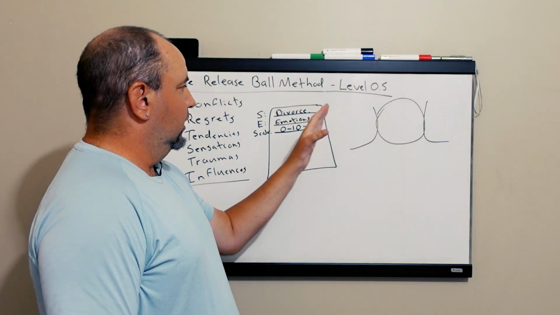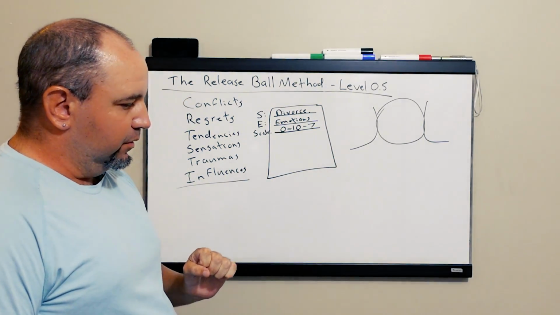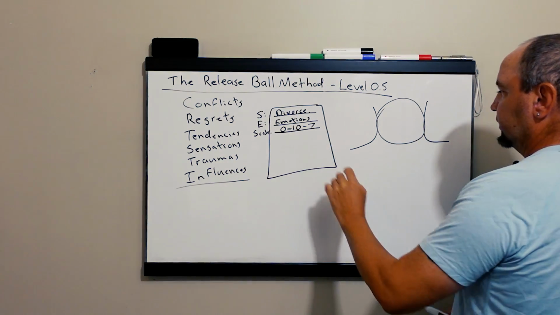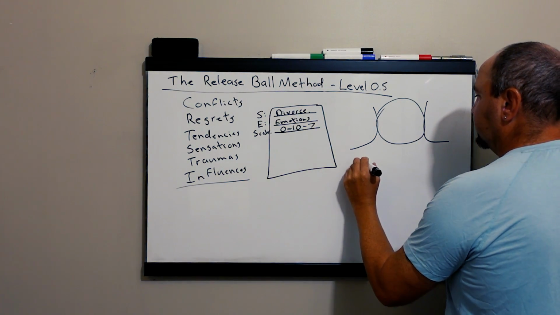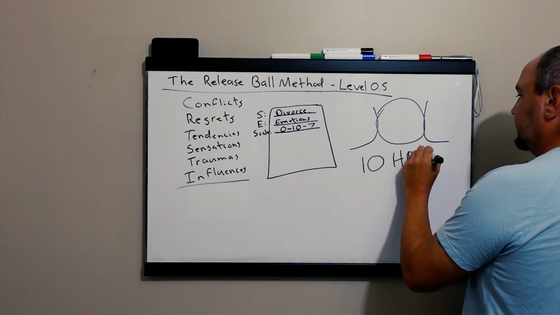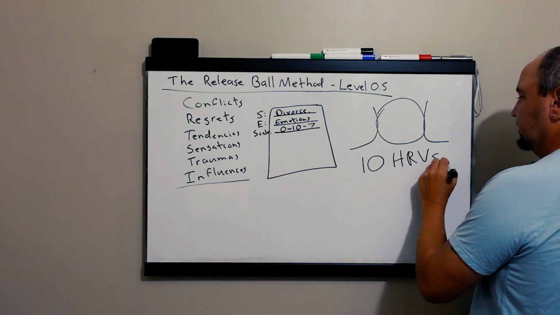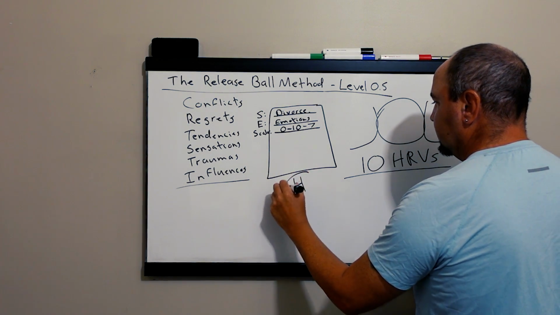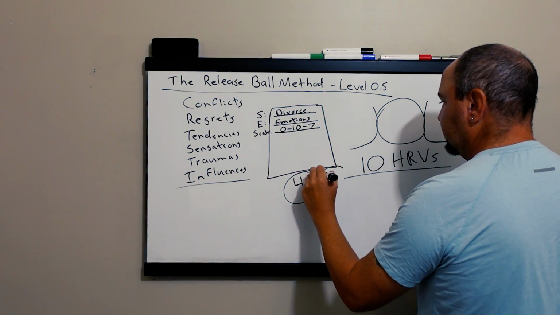So the very first thing that we want to do before we get into tackling the conflict itself is make sure that we're doing 10 heart rate variability breaths, okay? So 10 HRVs. So remember that flow, 4 seconds in, 6 seconds out.